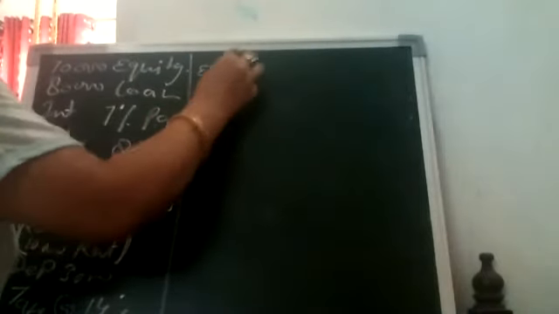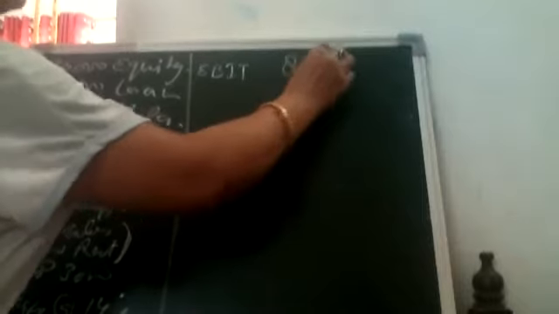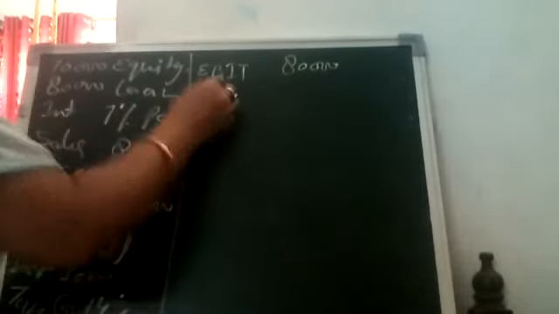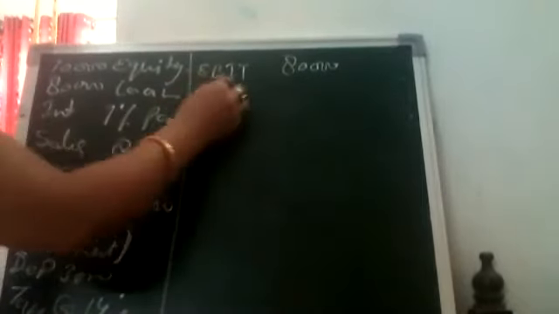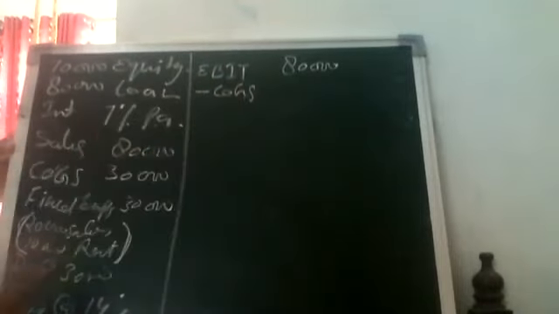First of all, we will write earnings before interest and tax. What are the earnings given? Earnings are given 80,000. This is sales, minus manufacturing cost, that is COGS.